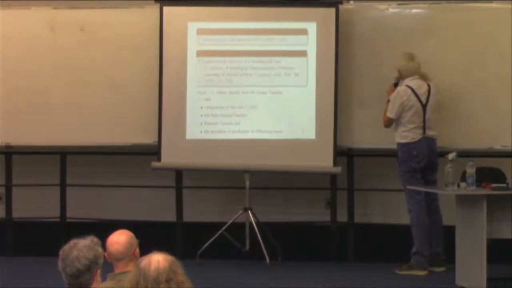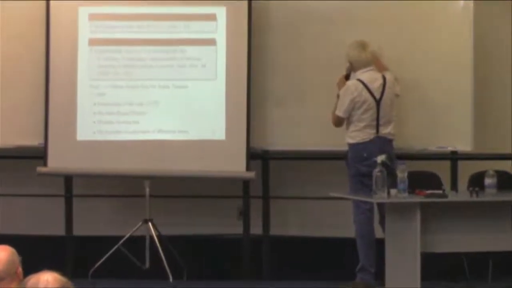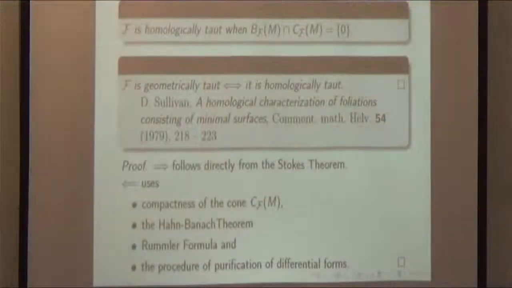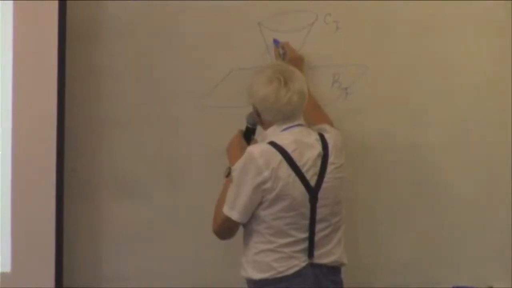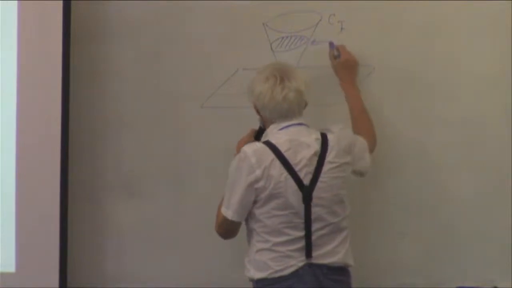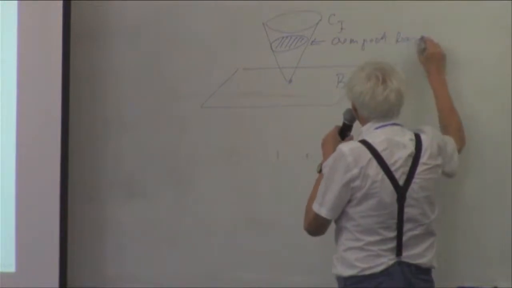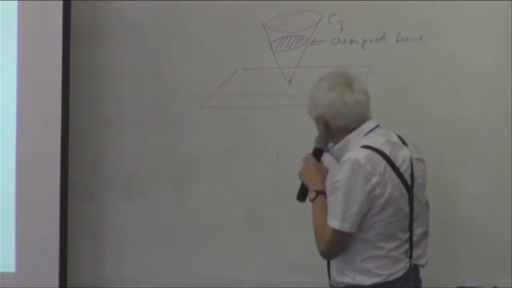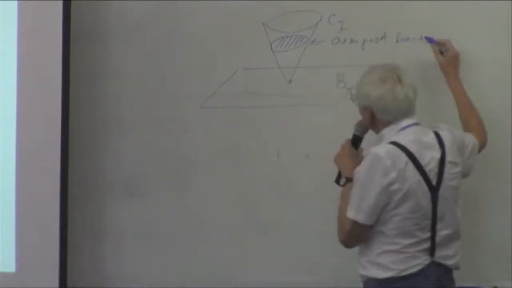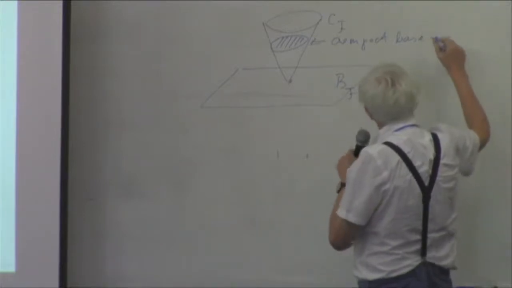We have this hyperplane B. This is the origin. You have a cone, which is called C_F. What is important is that the cone has a compact base, C0.